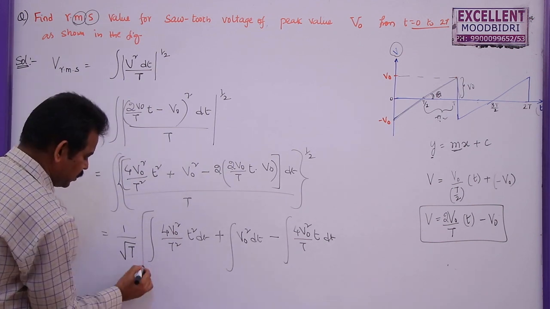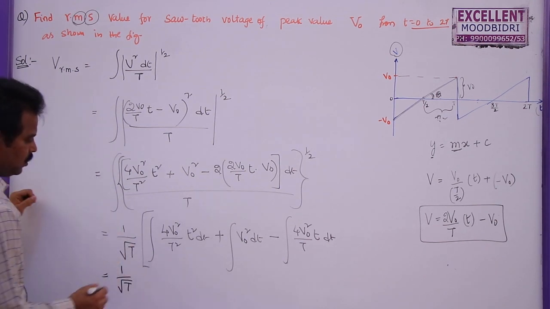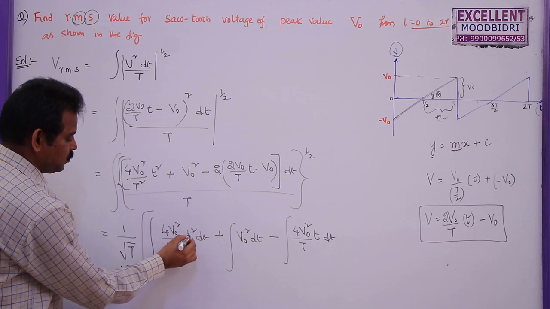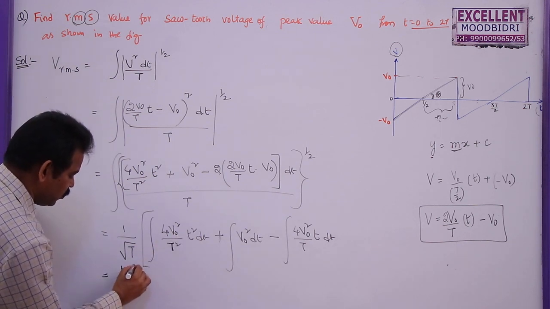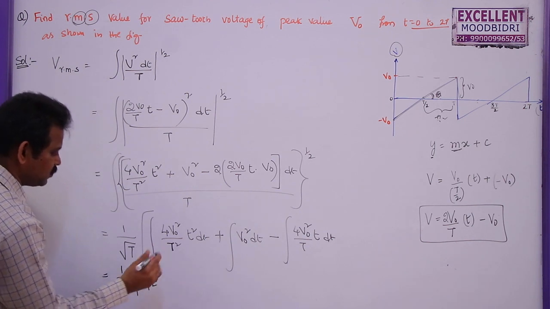Now this is the equation. Now from this equation I am going to integrate this one. 4 V0 square is constant, time period is constant, only t is the variable. So I am going to write 4 V0 square by T square.